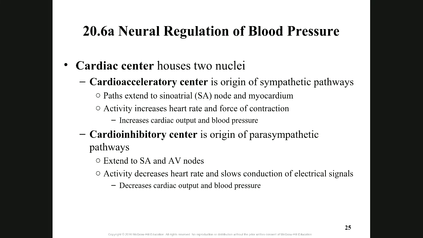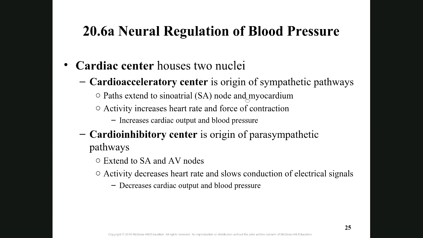The cardiac center has two nuclei. One nucleus is called cardioacceleratory center, and it's the origin of sympathetic pathway, and it can send its impulses and its path to our sinoatrial node and the myocardium of the heart.